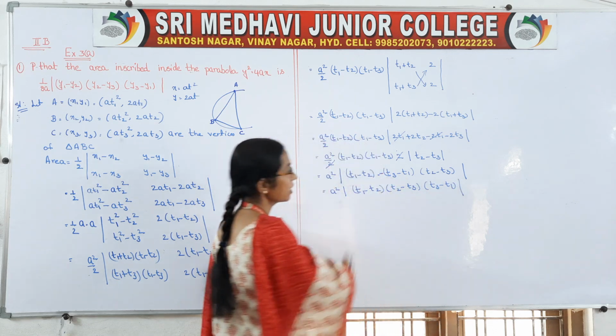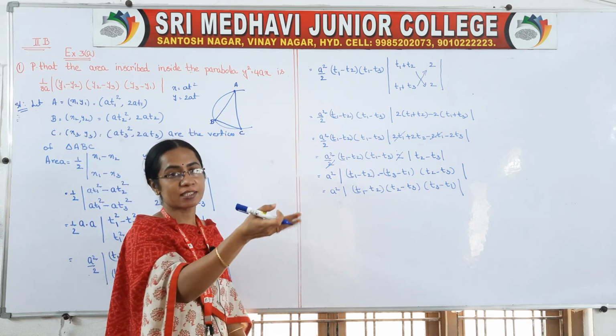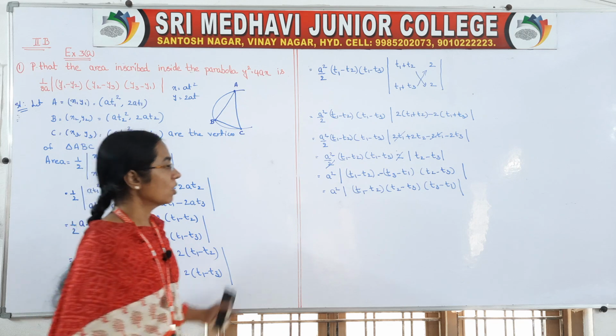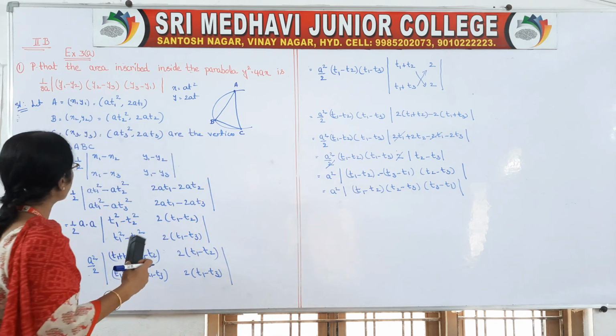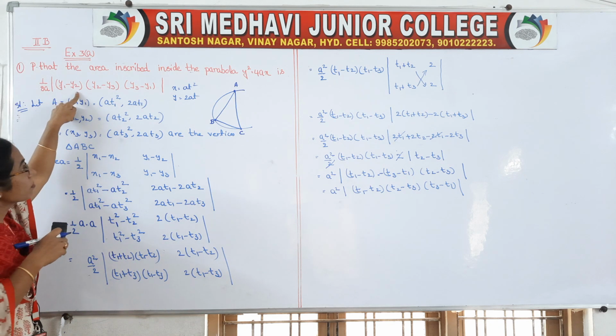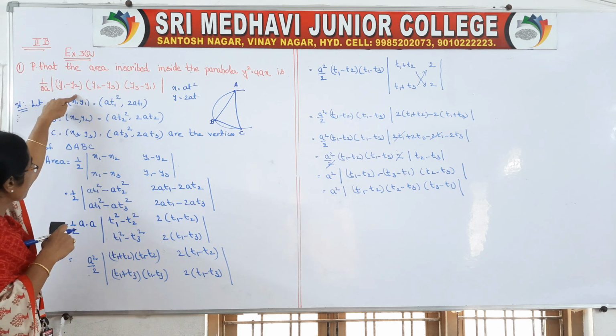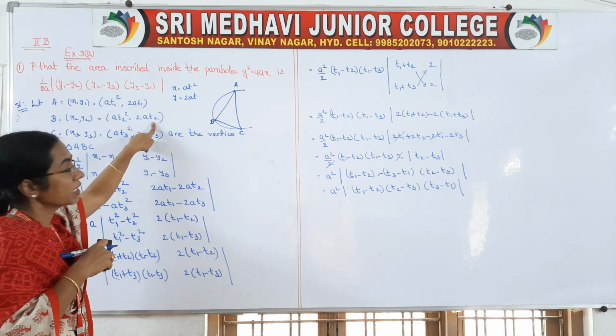So where is this negative value? In modulus, if inside minus is there, it becomes plus. Okay, now finally we have to prove the area of the triangle is 1 by 8a into y1 minus y2. y1 minus y2 means 2a t1 minus 2a t2.